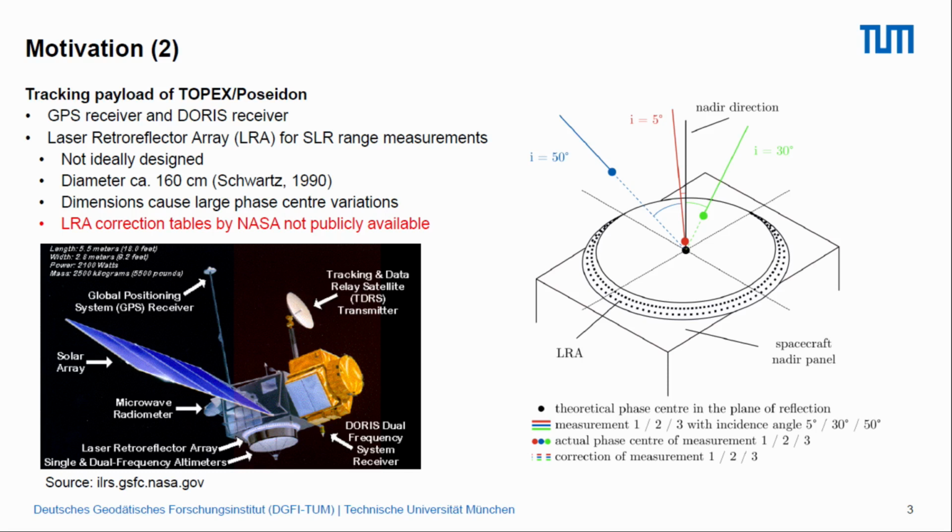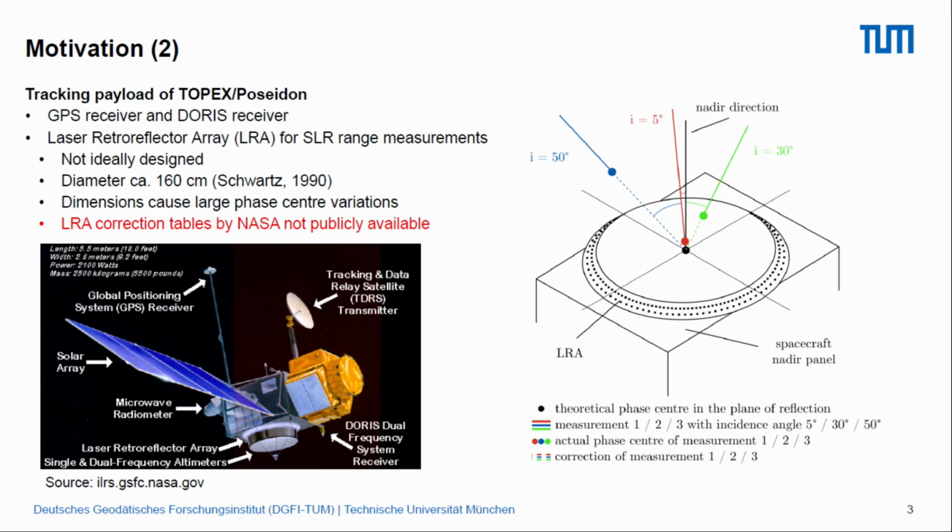We did those determinations because we did not have the LRA corrections, which were previously determined by NASA, but they are not publicly available, and so we estimated our own corrections. What does that mean?